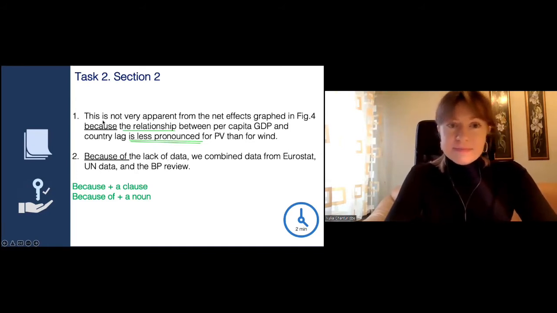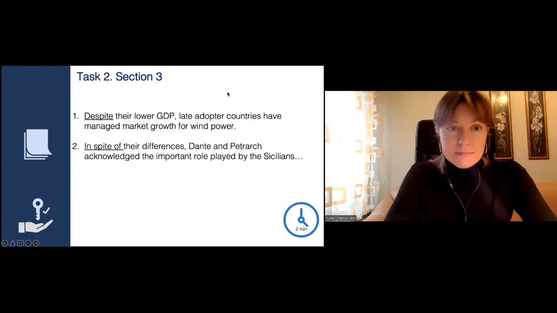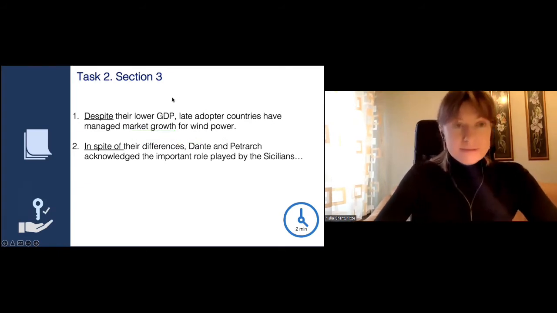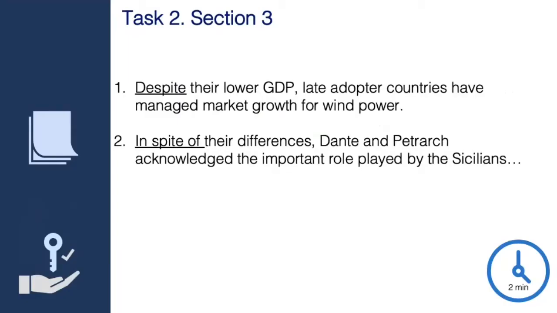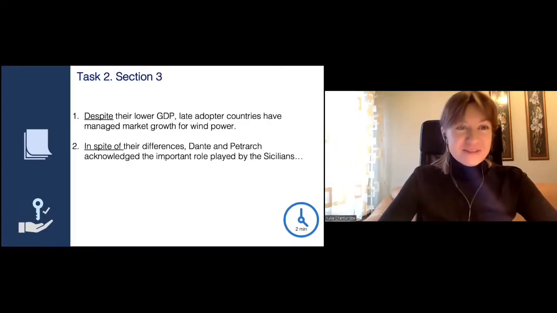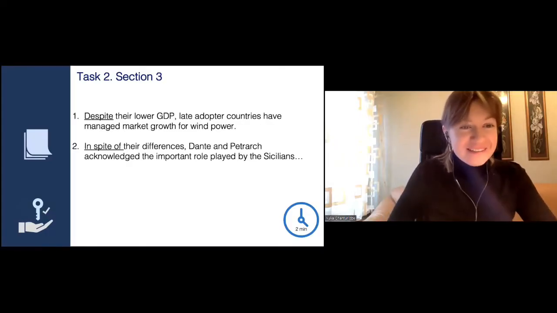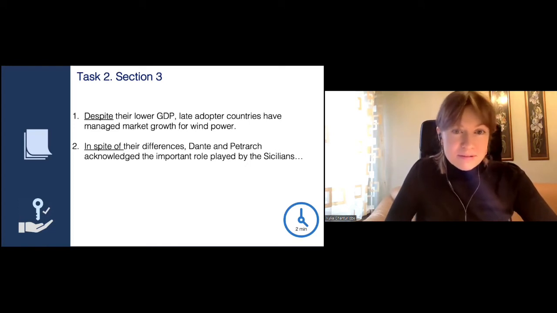The third group, here we deal with concession again. Well, first of all, the difference is very physical here. Both of them are about concession.